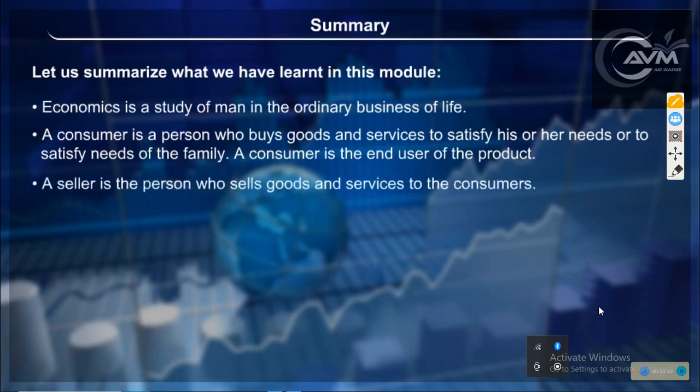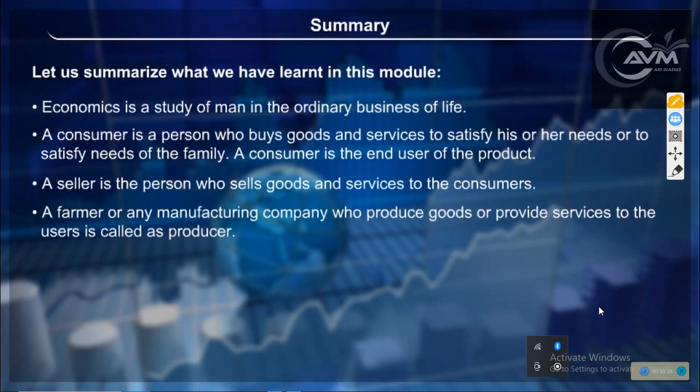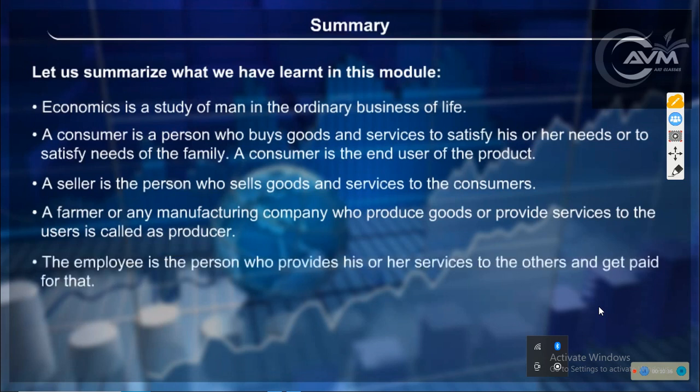A seller is the person who sells goods and services to the consumers. A farmer or any manufacturing company who produces goods or provides services to the users is called a producer. The employee is the person who provides his or her services to others and gets paid for that.